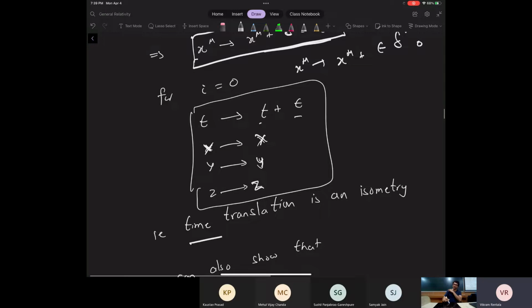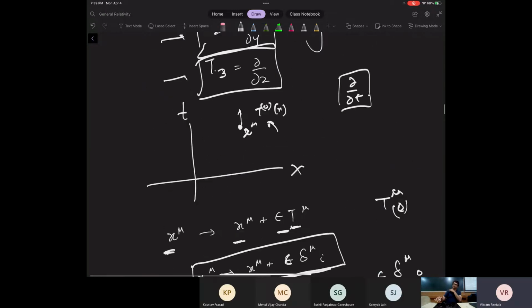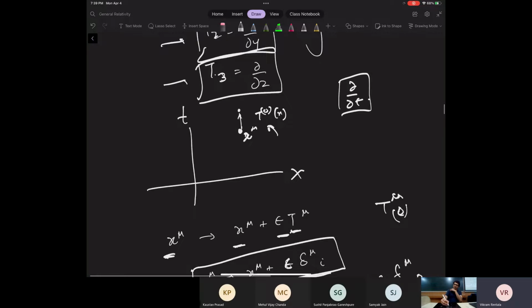So time translation is an isometry of the metric. Why is it an isometry of the metric? Well, if I look at the metric components at this point, and I compare with the metric components at this point, the metric components at this point are -1, 1, 1, 1. I have to do what is called a pullback, and bring this metric, which is defined at the point P prime, back to the point P, under this flow.